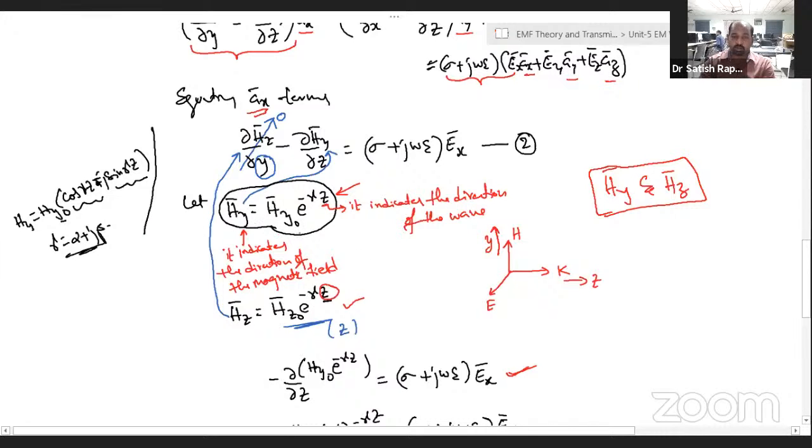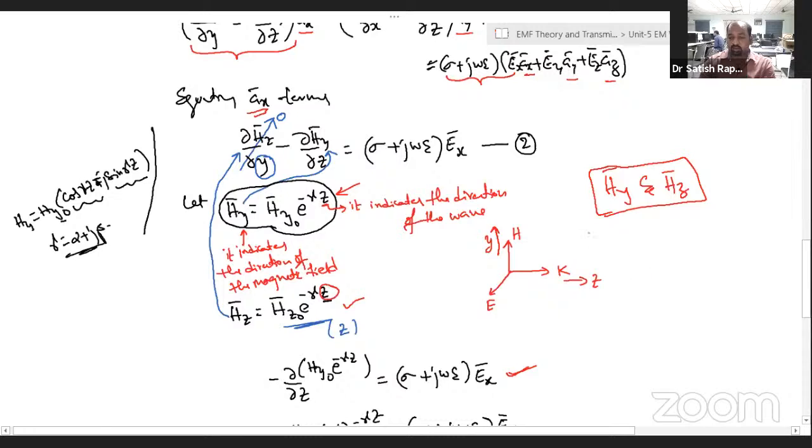Hy is equal to Hy naught e power minus gamma z, and Hz is equal to Hz naught e power minus gamma z. As I said earlier, z is the direction of the wave. I'm assuming that the wave is propagating in the z direction.